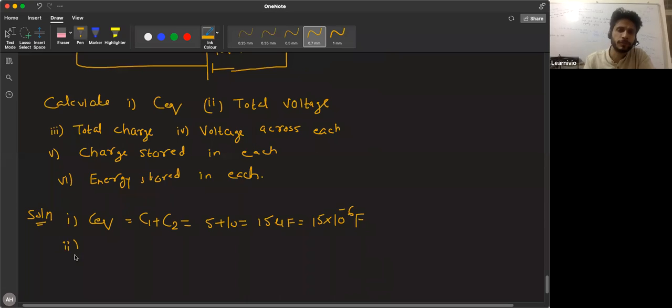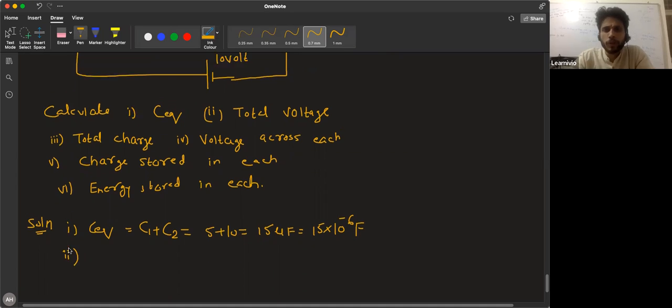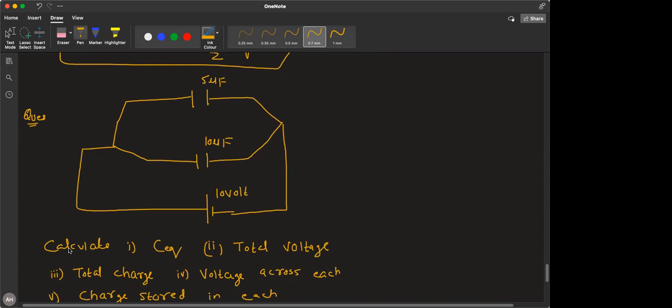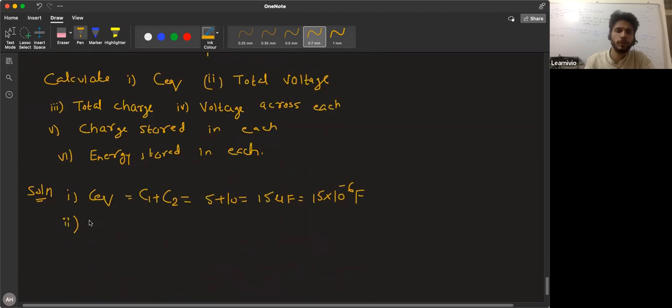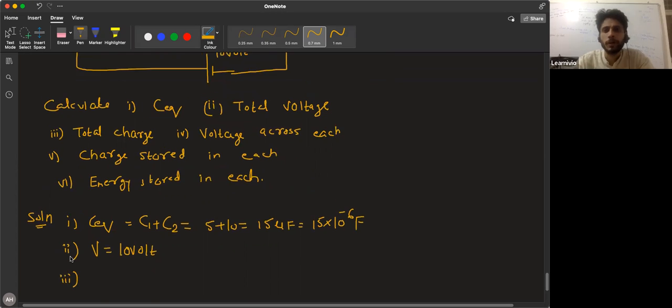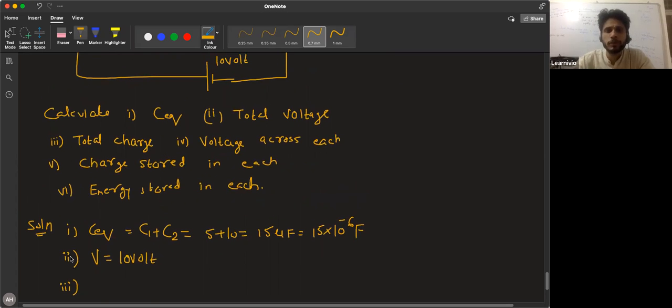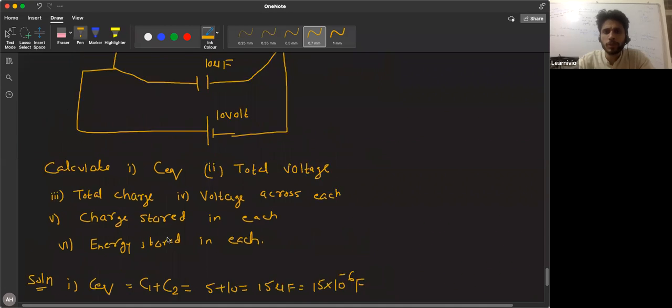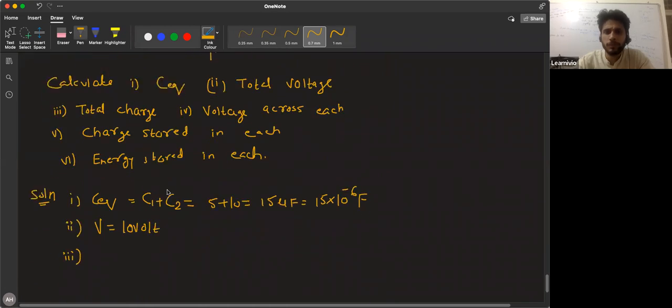Second part: I need the total voltage across the circuit. The total voltage across the circuit is 10 volt. Third part: after total voltage, I need the total charge stored in the circuit.